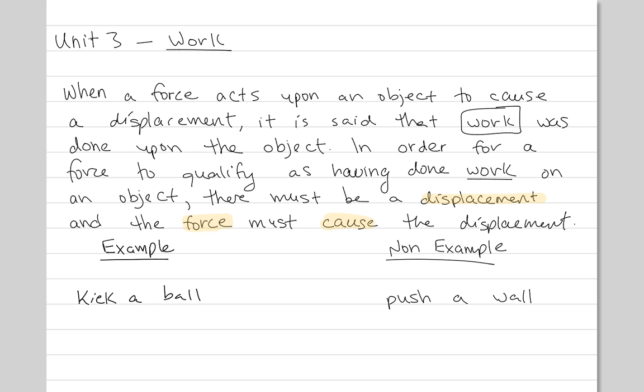I happen to have a soccer ball. What happened? I applied a force, and the ball was displaced. Good.